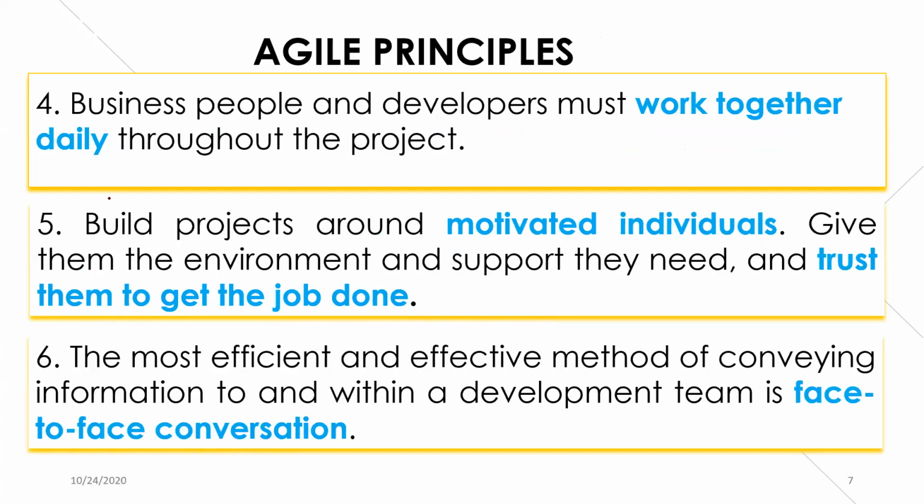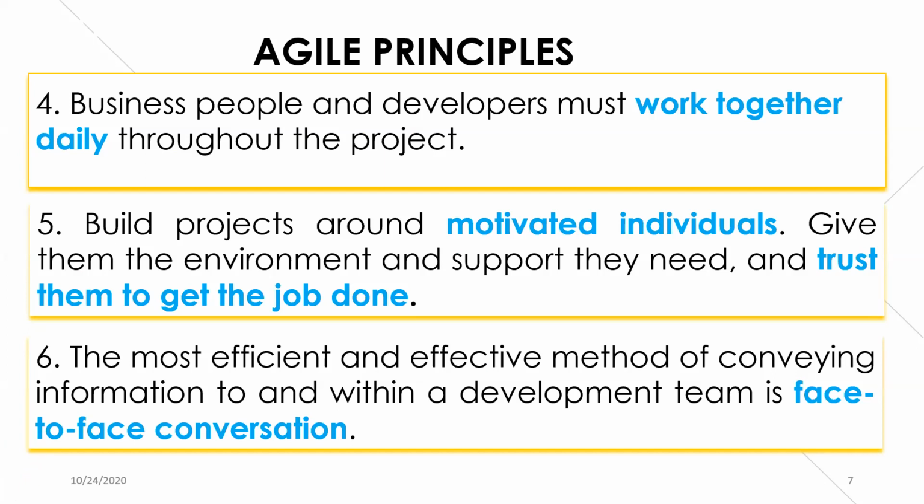Number 4, the business and the developers work together daily. Sometimes it could be the business analyst representing the team and working with the business. Number 5, this is key. We build projects around motivated individuals.